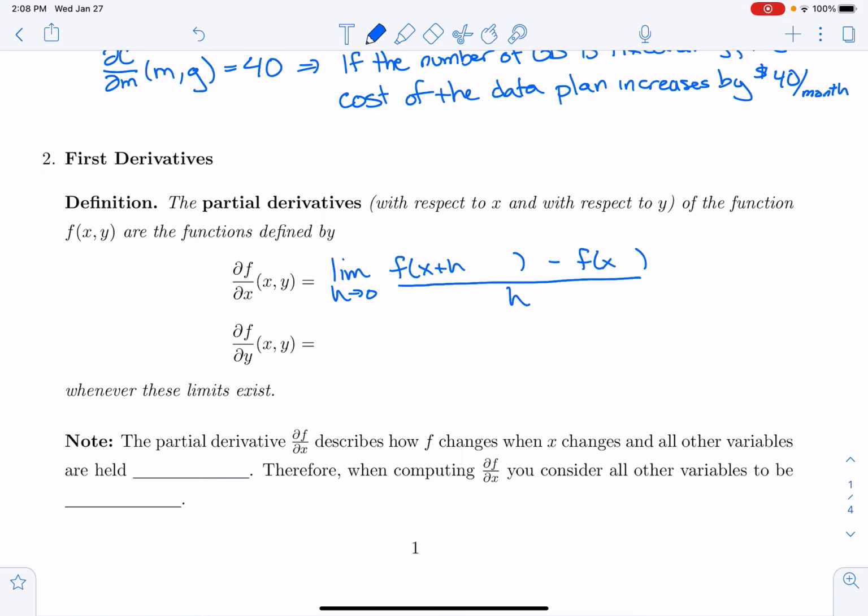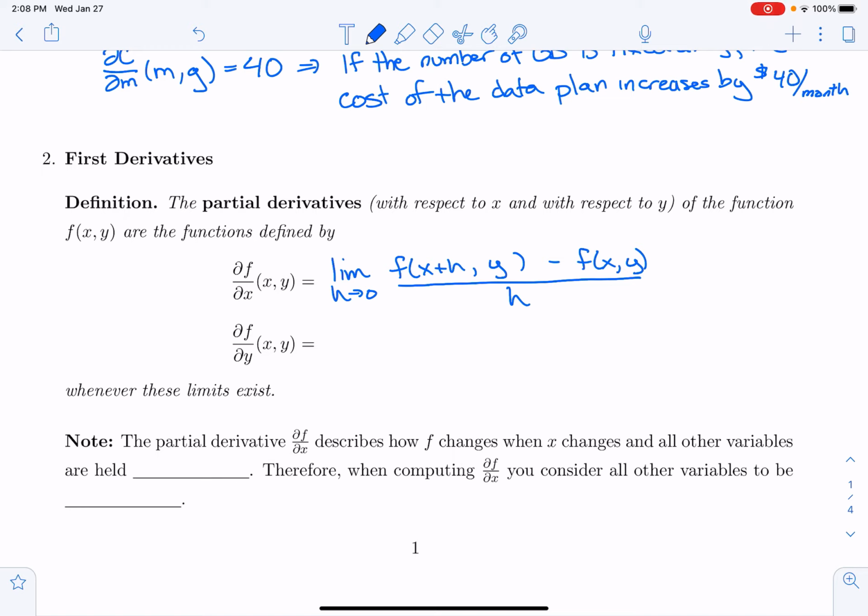But now f is a function of x and y. So what we're going to do is leave y constant. That was our whole idea of the partial derivative. So here I'm going to leave y as just y. I'm not going to change y.